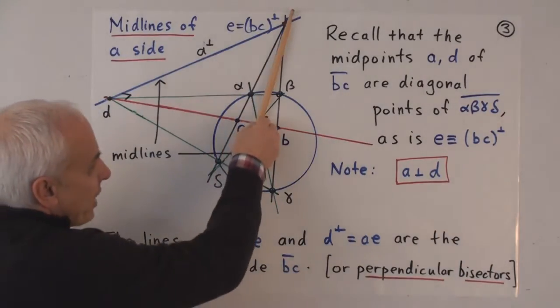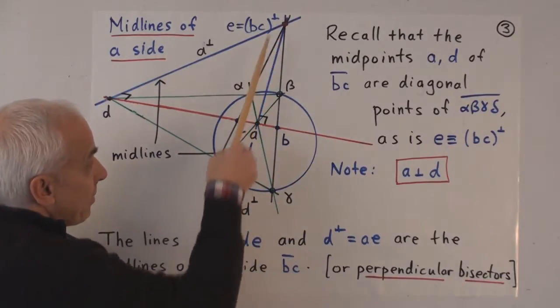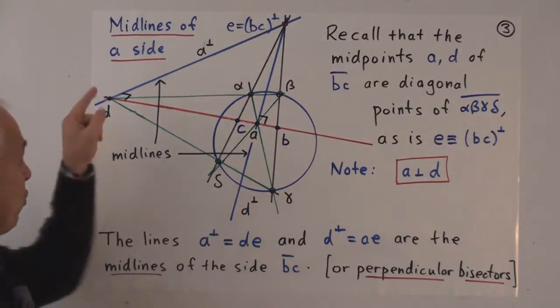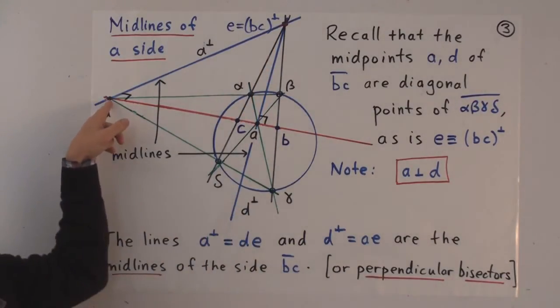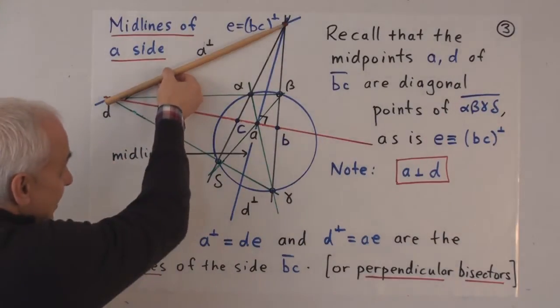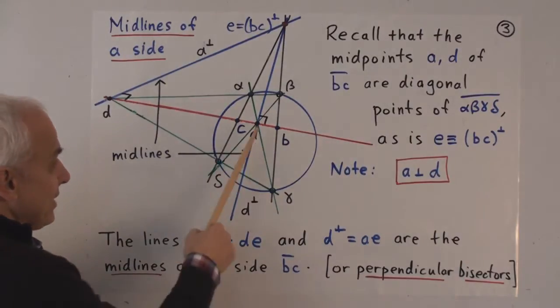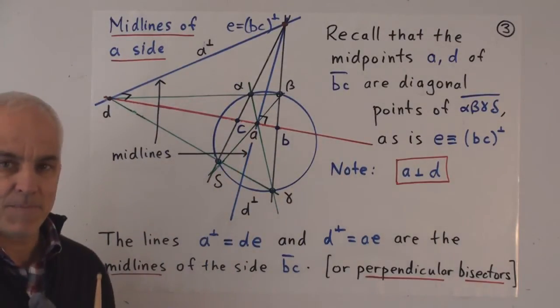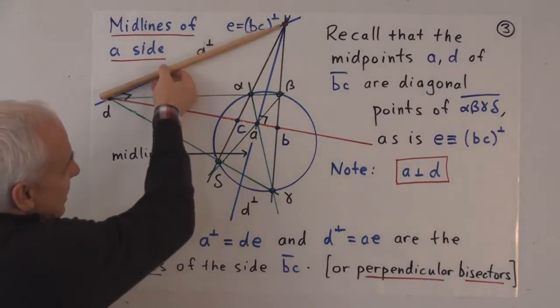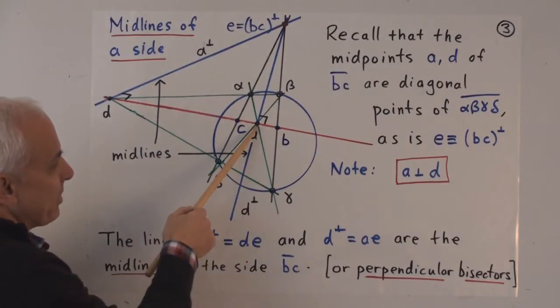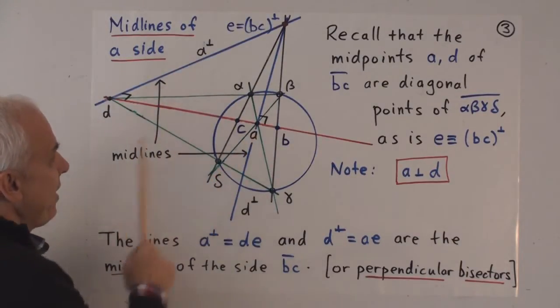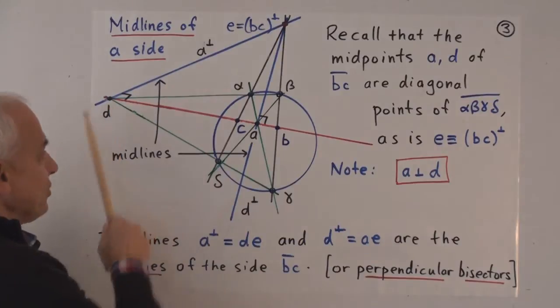That means that if we look at this line here through this diagonal point and this diagonal point, its dual is in fact this point. And the dual of this line through this diagonal point and that diagonal point is the third diagonal point, namely A. So this line has another description as simply being the perpendicular or the dual of A, and this has another description as the dual of D.